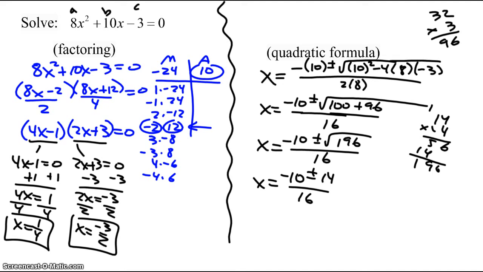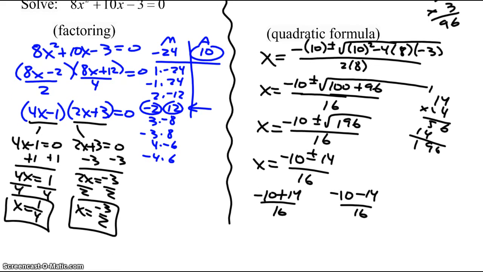And that means I've got two answers here. Negative 10 plus 14 over 16 and negative 10 minus 14 over 16. So doing some fraction arithmetic here, that's going to be positive 4 over 16, which simplifies to 1/4, which is one of my answers.